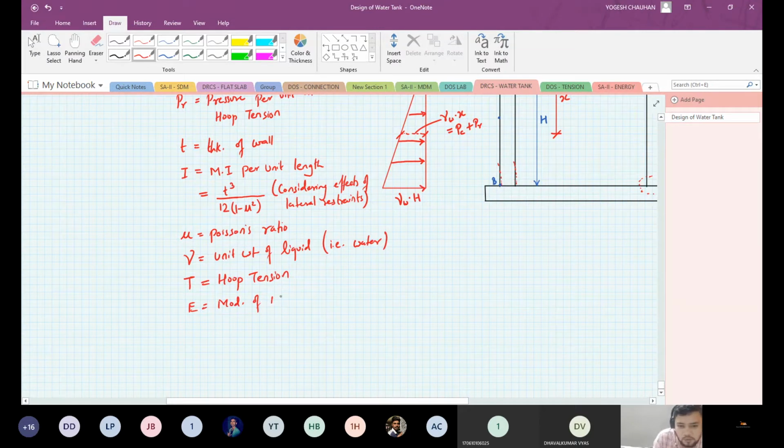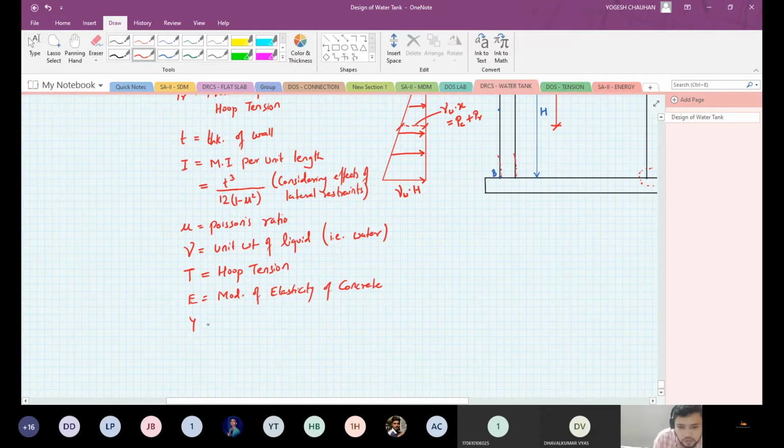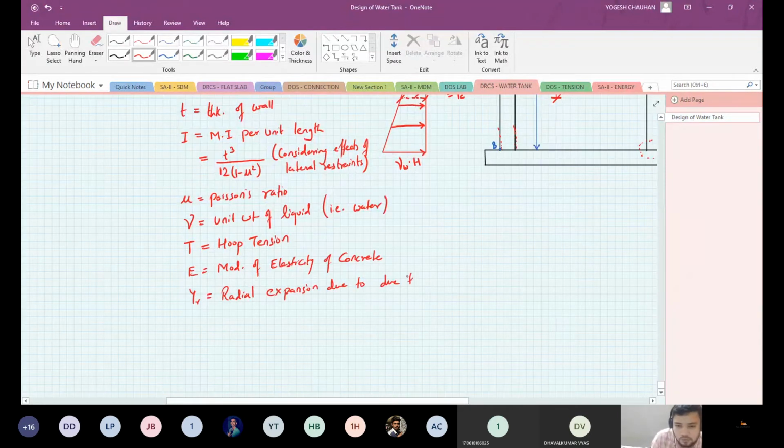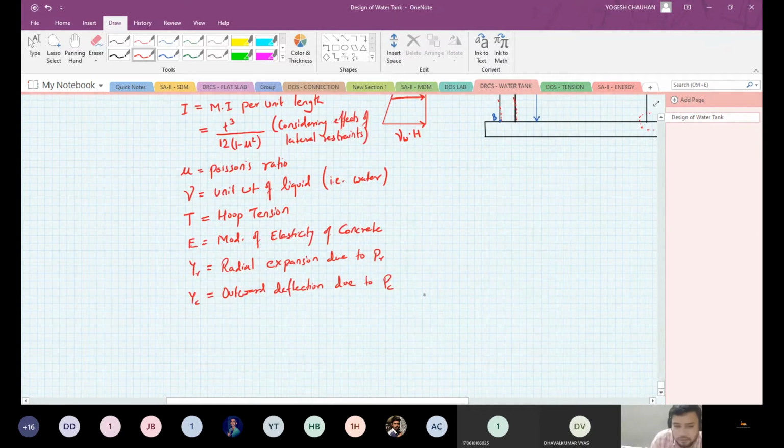Let YR be the radial expansion due to the pressure PR, and let YC be the outward deflection due to PC, which is the pressure due to cantilever action.